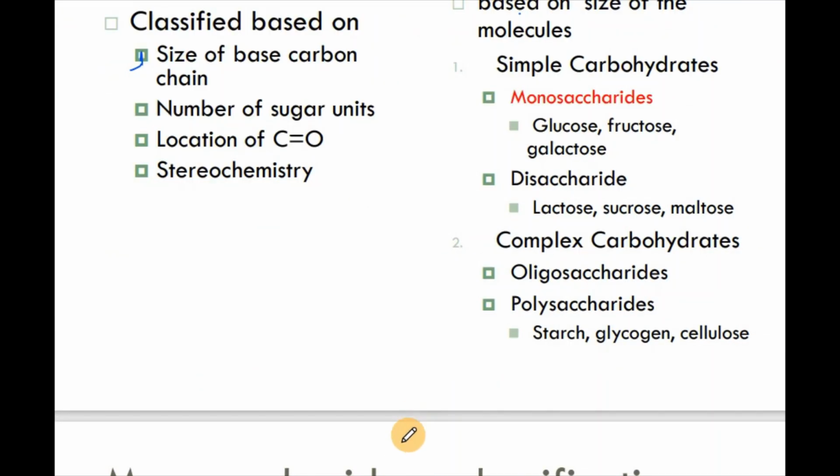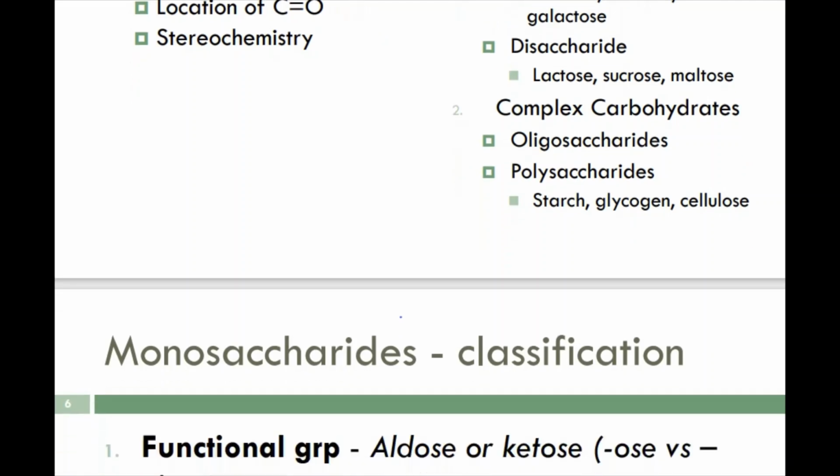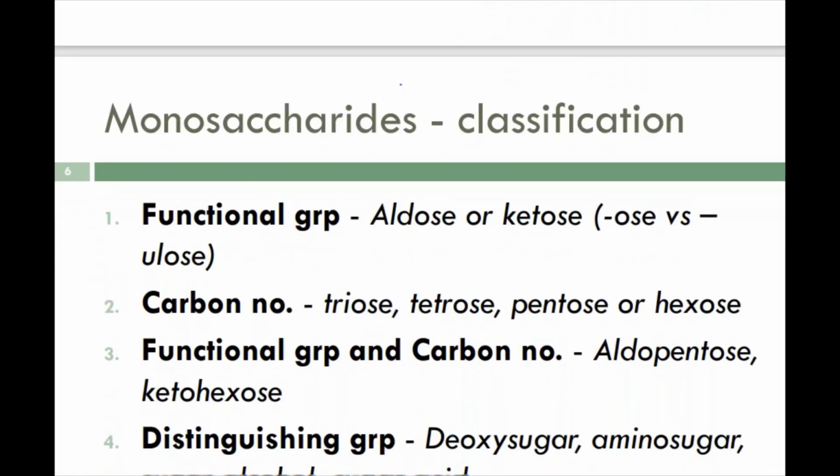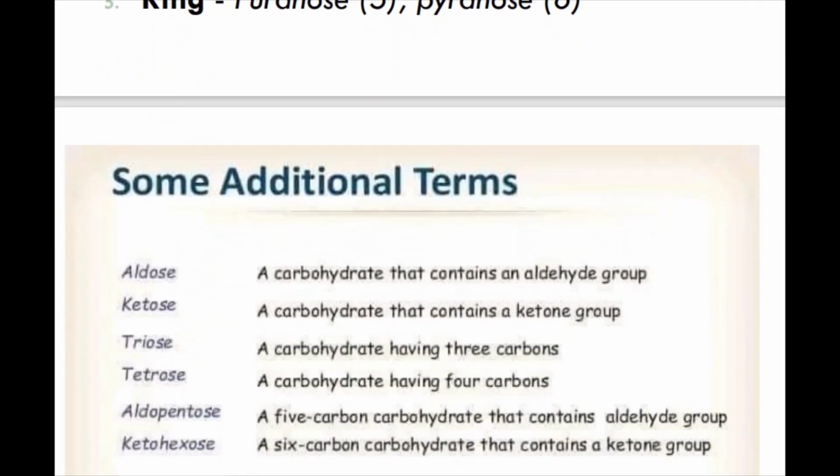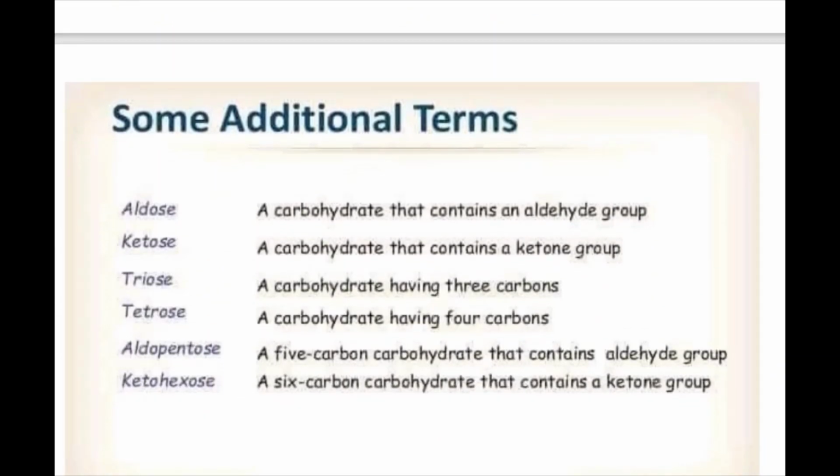So these are some extra terms that we are to define, some additional terms to what we discussed so far. We have an aldose, which is a carbohydrate that contains an aldehyde group. A ketose, which is a carbohydrate that contains a ketone group.